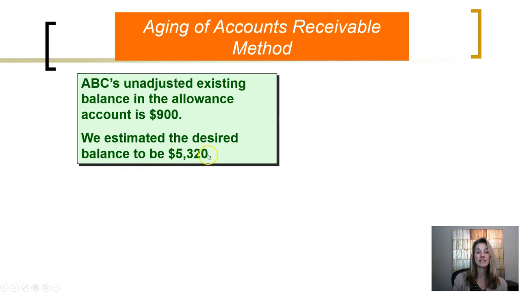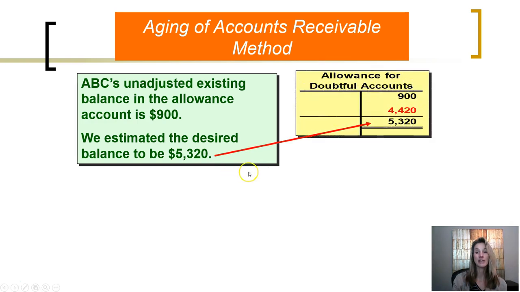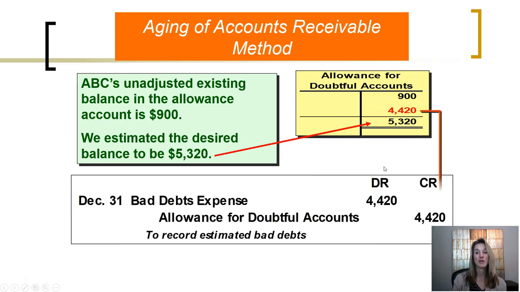We need an ending balance in the allowance for doubtful accounts of $5,320. Currently, recall there is a credit balance of $900. So the amount of bad debt expense to record to get the allowance account from a credit of $900 to a credit of $5,320 is $4,420, the difference between the current unadjusted balance and the desired ending adjusted balance.